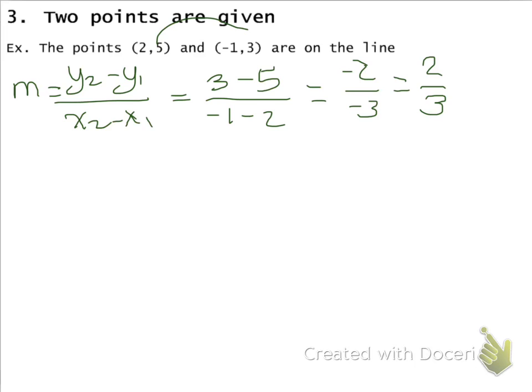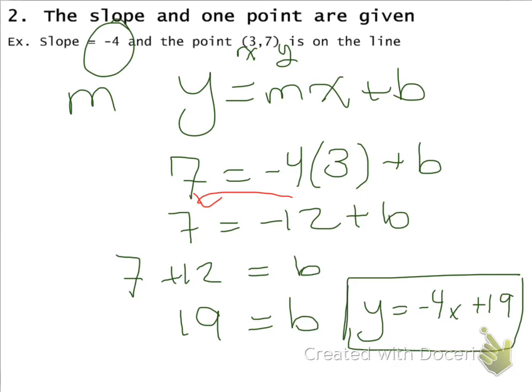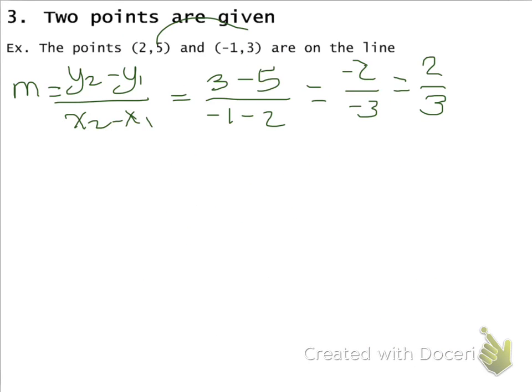At this point now, what we have is something that looks very similar to question 2. If you think back, we have the slope and we have 2 points. Actually, we have more than 1 point. So we can choose either one, but we want to replace it in the format of the equation y equals mx plus b. So we're going to replace the y, we're going to place the m, the x, and then the only thing we'll have left is b.